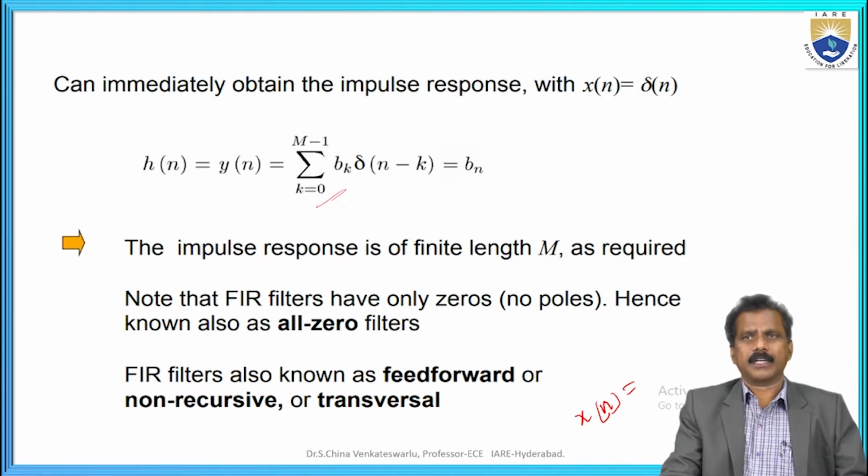Note that finite non-recursive filters like finite impulse response filters have only zeros, no poles.